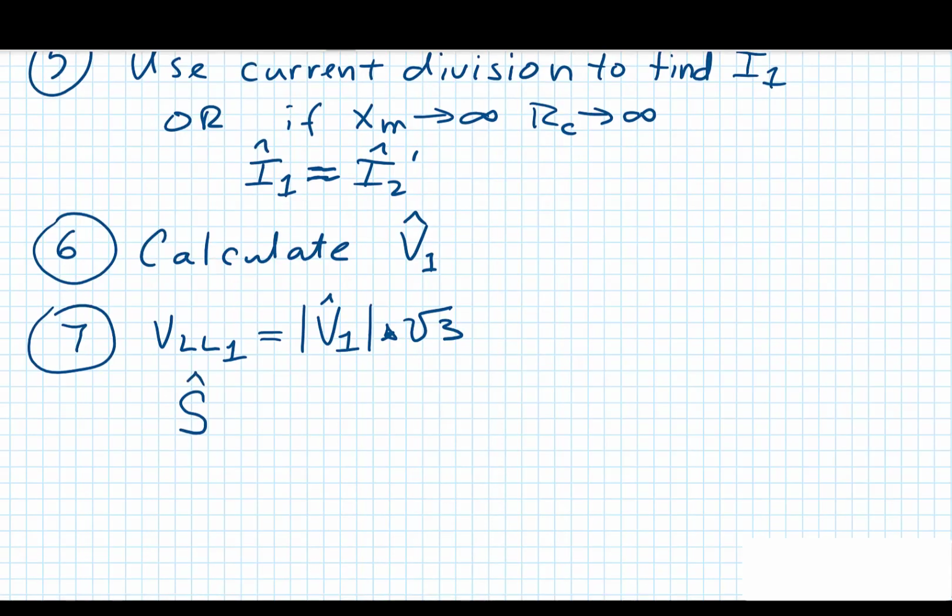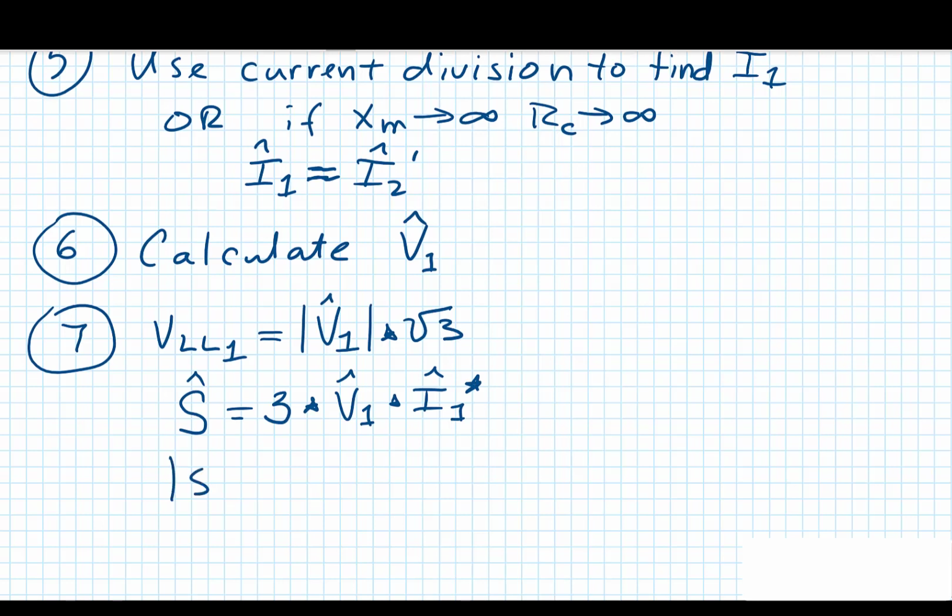So since we're using the S to find everything, we can't forget that this is a three-phase circuit, so we've got to put a 3 right here, multiply that times V1 times the conjugate of I1.